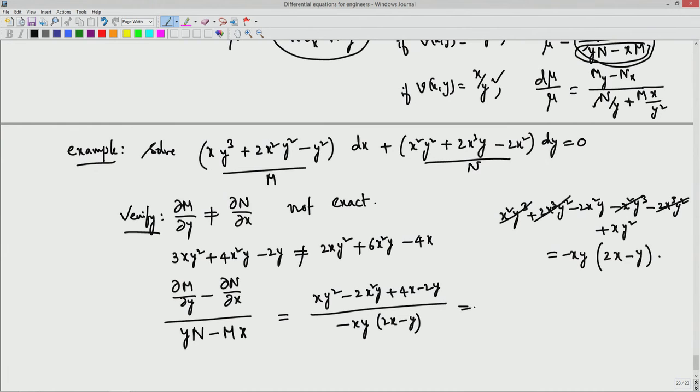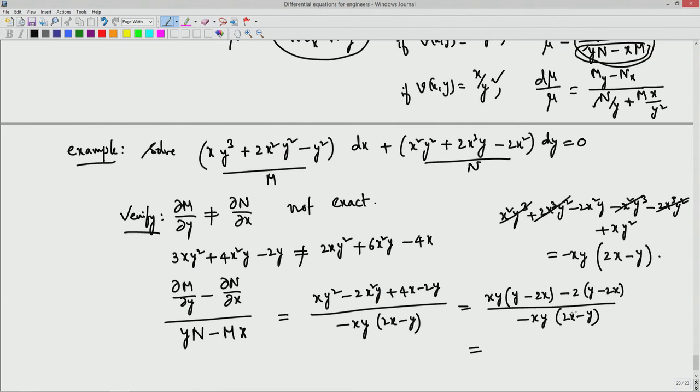What is this one? This is actually equal to, in the numerator, xy you take it out, you have y minus 2x, divided by minus xy(2x − y).